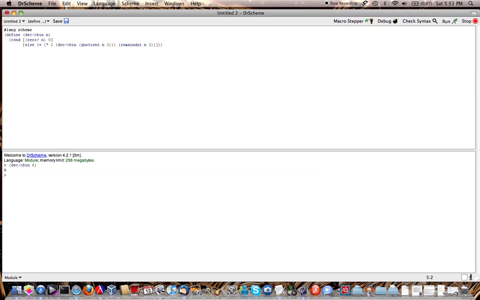And it just echoes the number because we have this 2 here instead of the binary representation of 2. So we're just going to change that 2 into a 10, or a 10 in decimal pronunciation. Okay, so let's try that again. Des2bin 6, and we get 110.